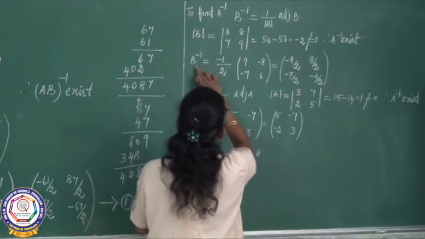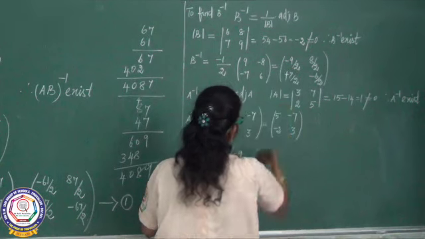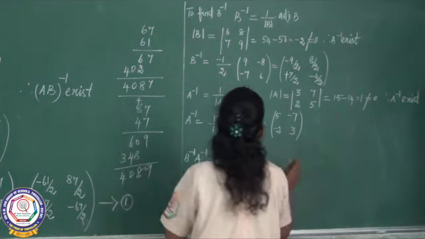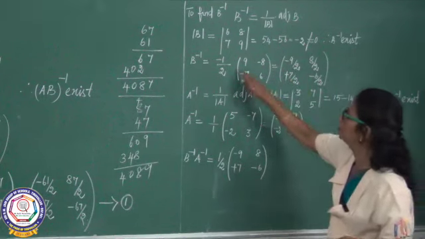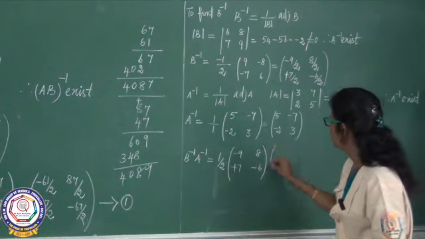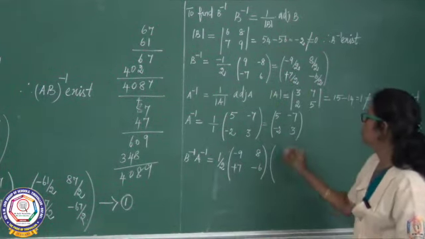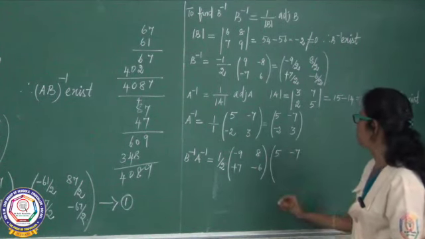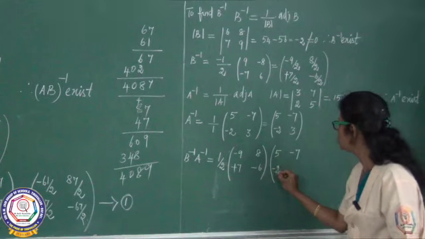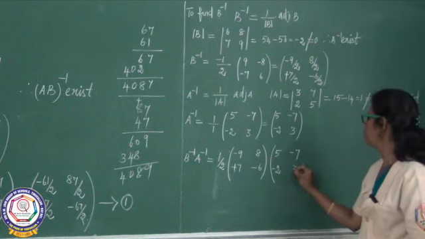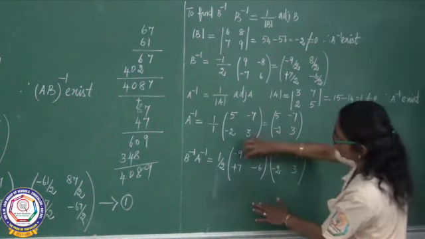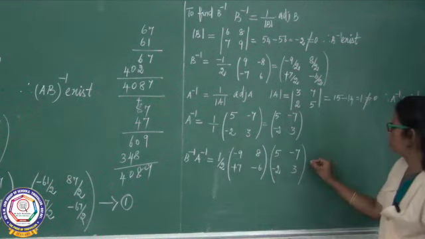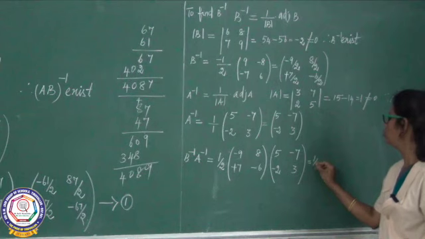Sorry, minus into minus plus, so plus 7, minus 6. Sorry, here I committed a mistake. Minus into minus plus. Then A inverse is 5, minus 7, minus 2, 3. Let's say 1 by 2 you keep as such. This bracket alone you have to multiply.